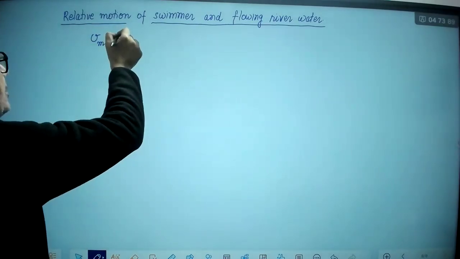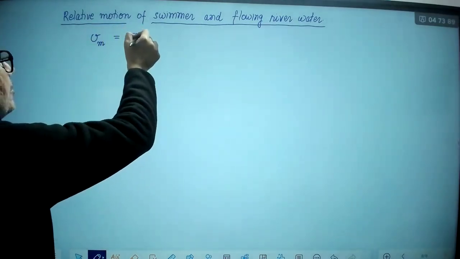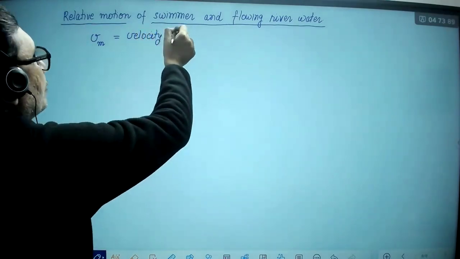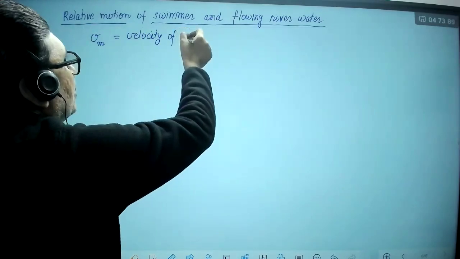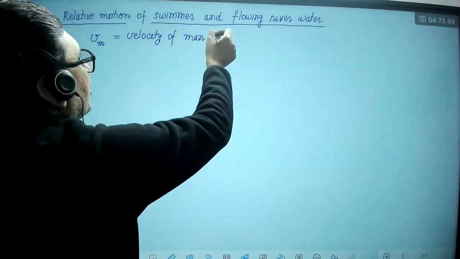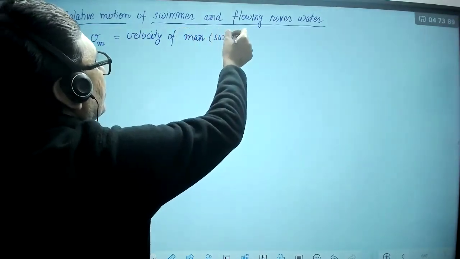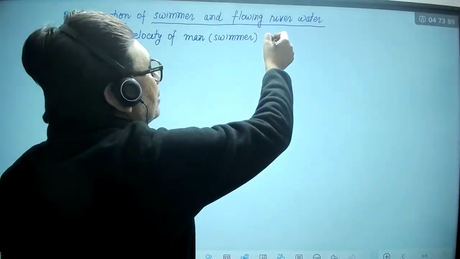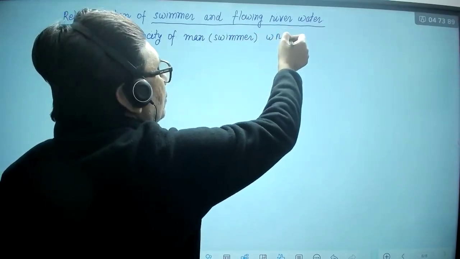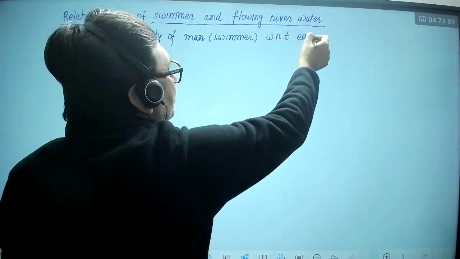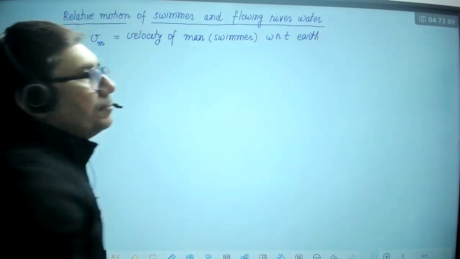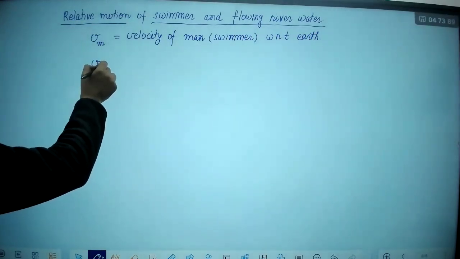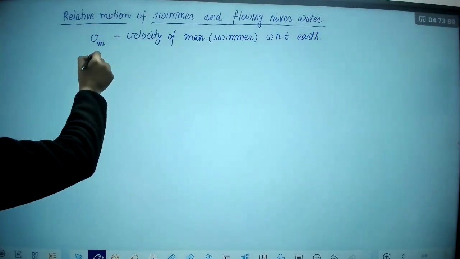This is the velocity of the swimmer, velocity of man or swimmer, with respect to earth. Second, velocity of the river water, VR.